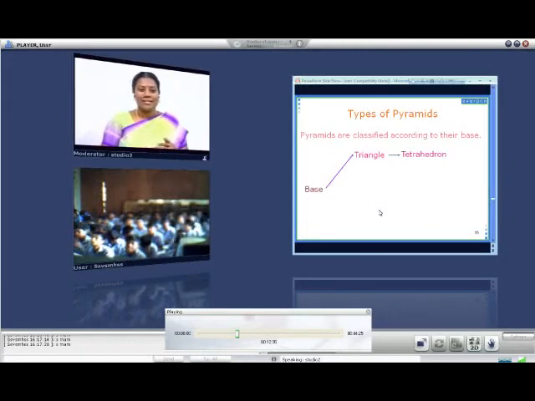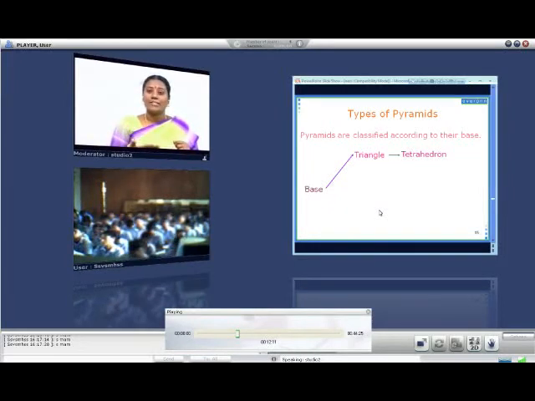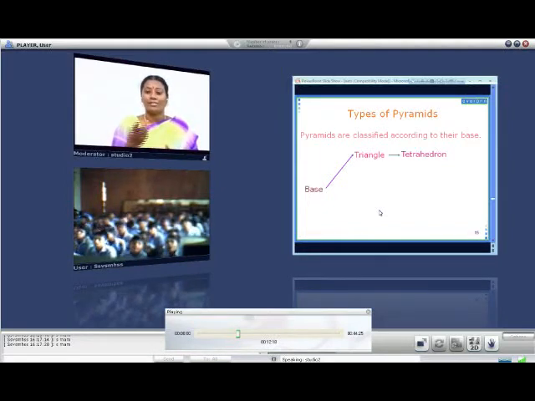What do you call it? If the base is a triangle, it is a tetrahedron pyramid. So next, what is the next polygon? We have taken the three-sided polygon. What is the four-sided polygon?